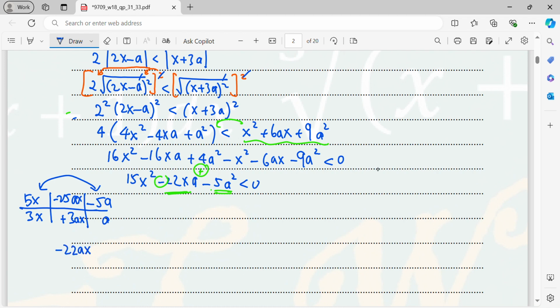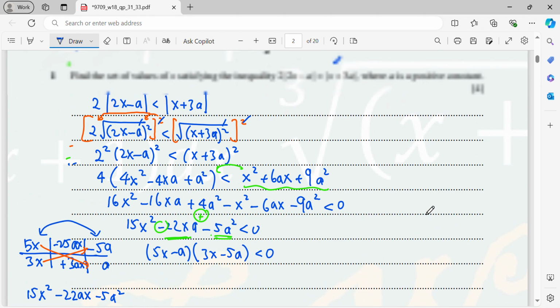And for the first and third column, you multiply, that is 15x squared, then minus 5a squared. Lastly, get the factors by using cross multiplication. Therefore, you will be getting (5x plus a) times (3x minus 5a), and then less than 0.